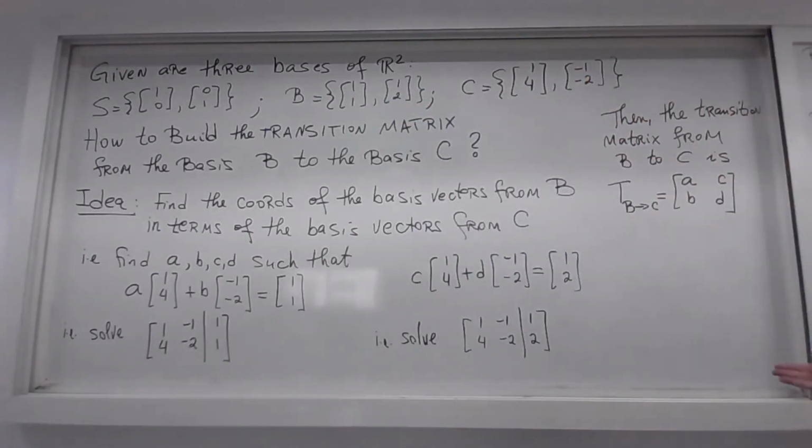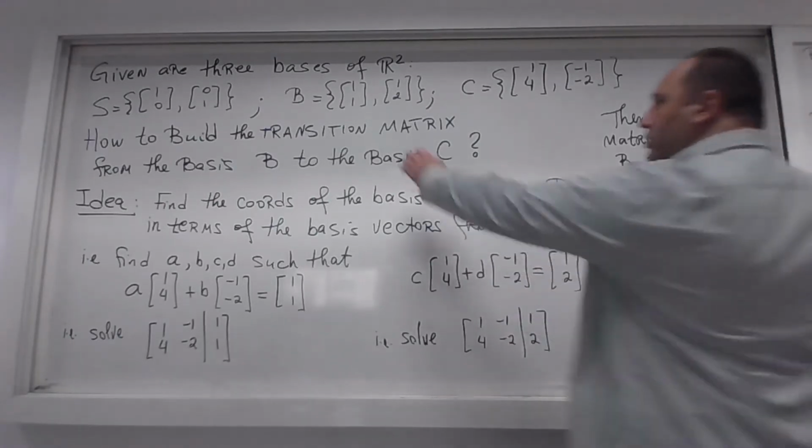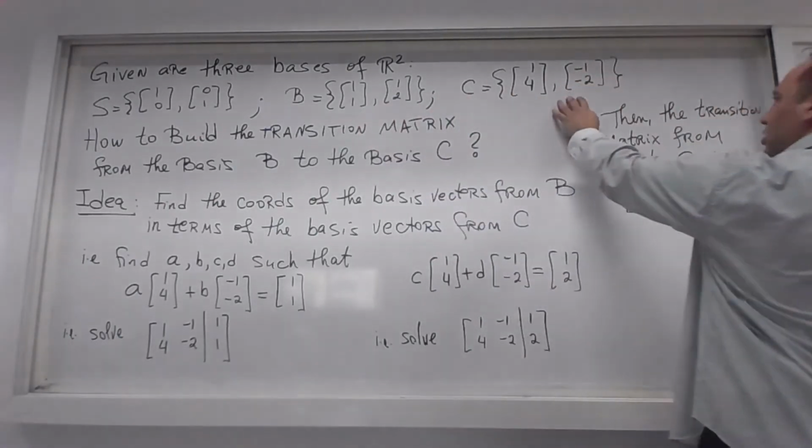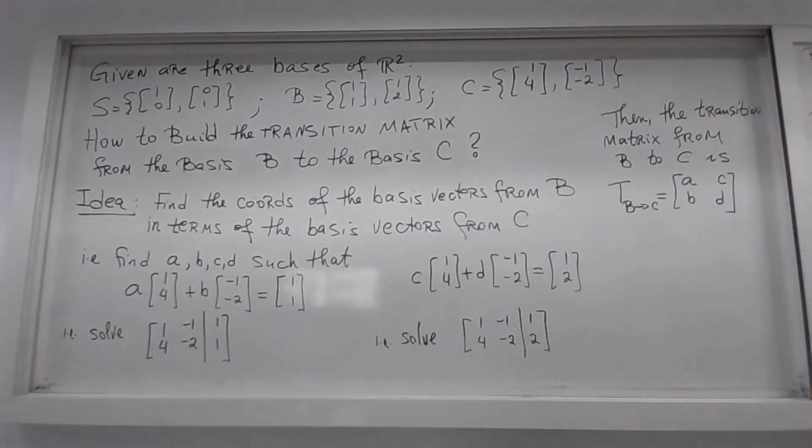The idea is to express each person from basis B as a linear combination of people in basis C.